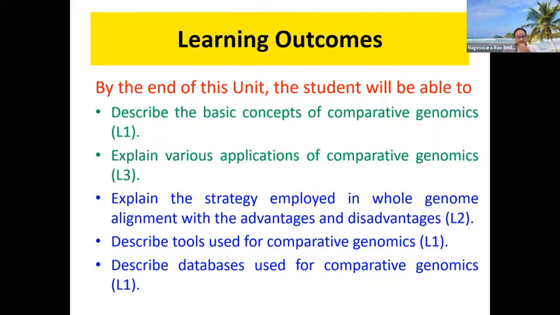So the next important aspect is to learn what the databases are and how they can be used to retrieve genome data, then use a tool to compare these genomes and understand where we can apply this. Basically we'll learn the databases already available for comparative genomics.